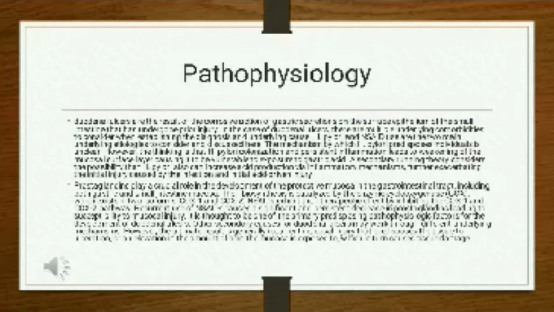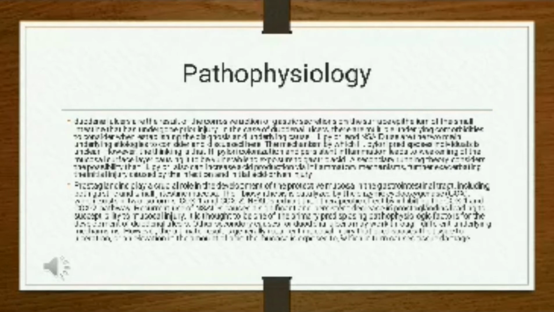A secondary running theory considers the possibility that H. pylori can increase acid production via inflammatory mechanisms, further exacerbating the initial injury caused by the infection and initial acid-driven injury.